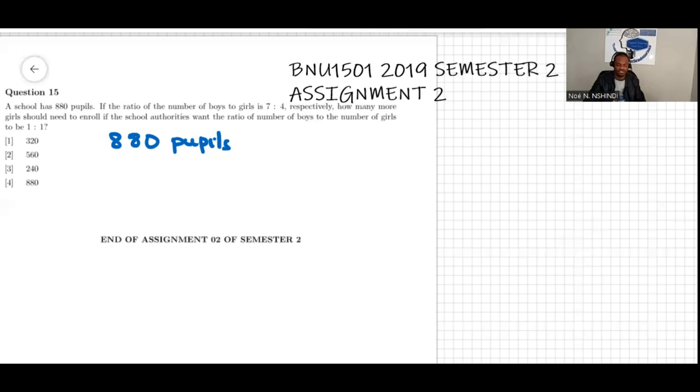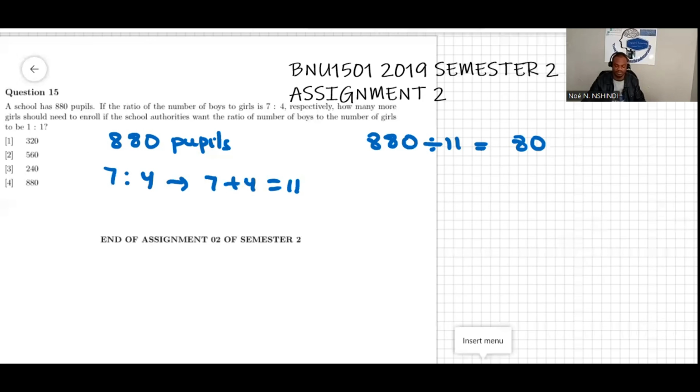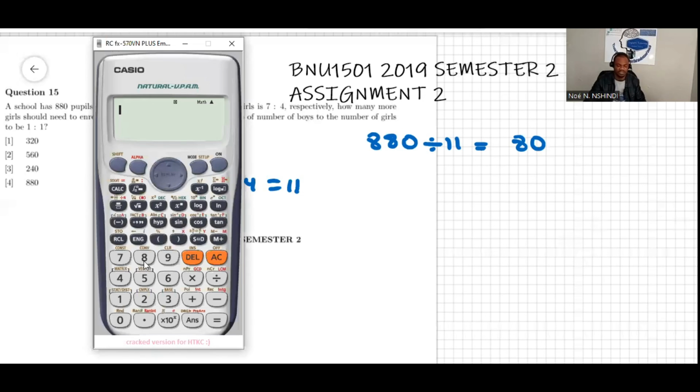Because the ratio is 7:4, we can do 7 plus 4, which is equal to 11. Now we do 880 divided by 11, and in the calculator we get 80. Let's check: 880 divided by 11 is equal to 80, correct.